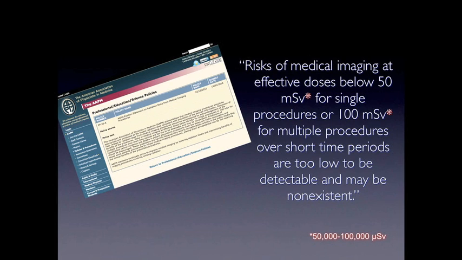Now, keep in perspective that these numbers correlate to 50,000 to 100,000 microsieverts, and the ICRP limit, if you recall, is 1,000 microsieverts per year. So there's no question we're operating at very, very low doses compared to what many of these agencies would consider low dose. And we are operating at 1/100th of what many of these agencies would consider low dose.